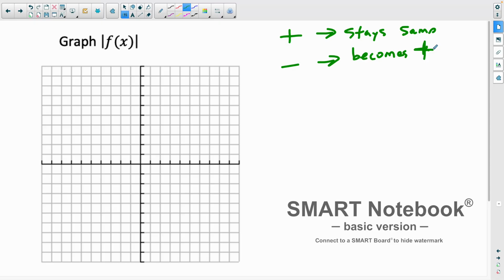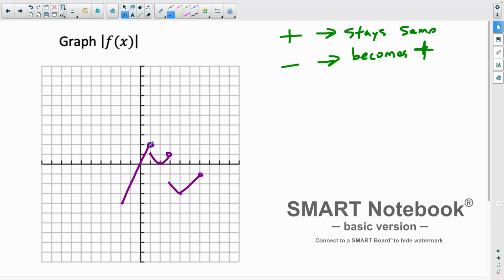Okay? So again, I'm going to start how I've started just about every one of those. I'm going to graph the original. So here is the piecewise that we built on Friday. Excuse me, on Monday, I should say. So there's that graph.